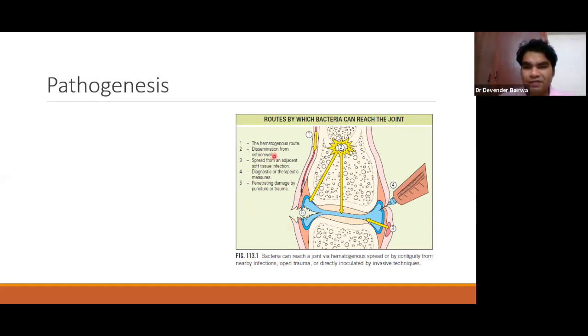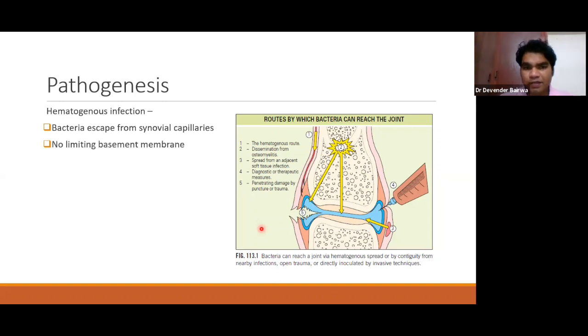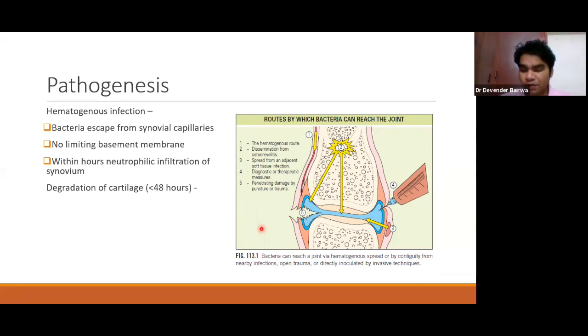So in all these ways, bacteria will enter the synovial cavity. In case of hematogenous infection, bacteria escape from synovial capillaries because there is no limiting basement membrane. And within hours, because bacteria have now reached, neutrophilic infiltration of the synovium will occur. Then because of this neutrophilic infiltration, there will be release of so many proteases and other enzymes which can lead to degradation of cartilage.